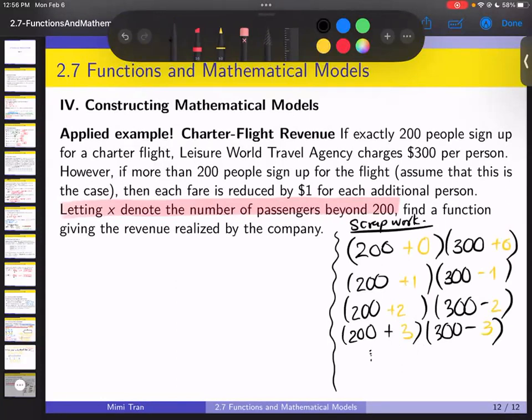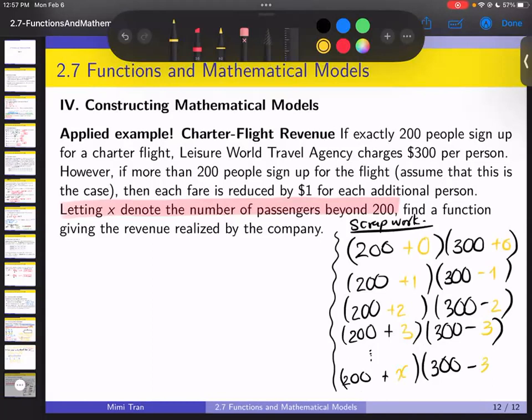All the way down to what? All the way down to x number of extra passengers, right? And what is 300 subtract what? Subtract x, right? 0, 0, 1, 1, 2, 2, the pattern. So that's subtract x. You know, mathematicians, we don't sit there and count.